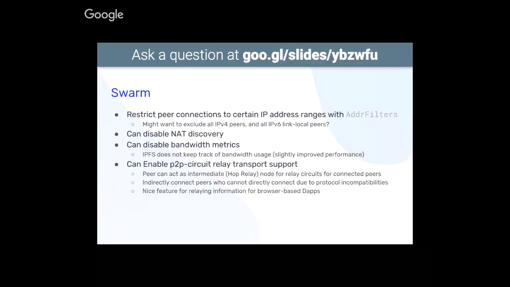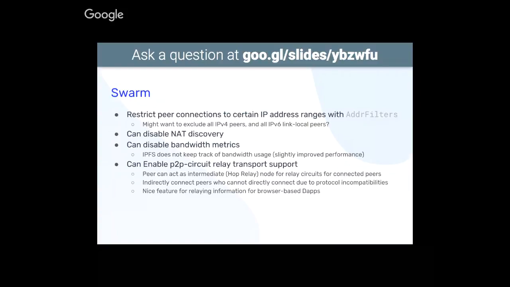Okay, so finally we come to the swarm entry. And I say finally, there are a lot of other options in here to control how you tweak your peer, but I've kind of focused on just a subset of them. So options for configuring your swarm include something called an address filter, which is just an array of multi-addresses that you want to filter out or in for your peer when it interacts.